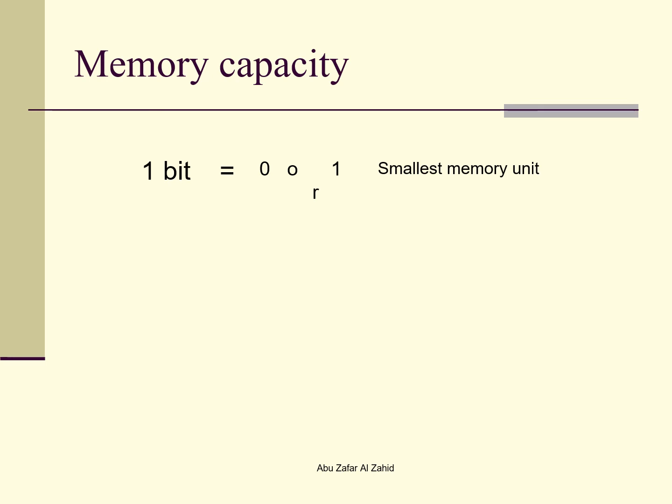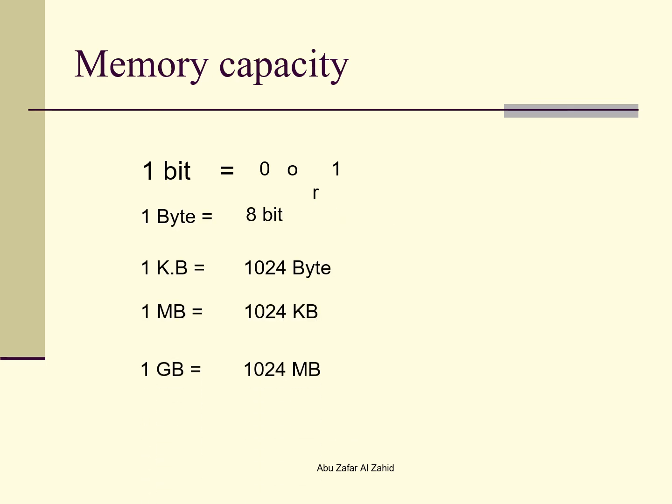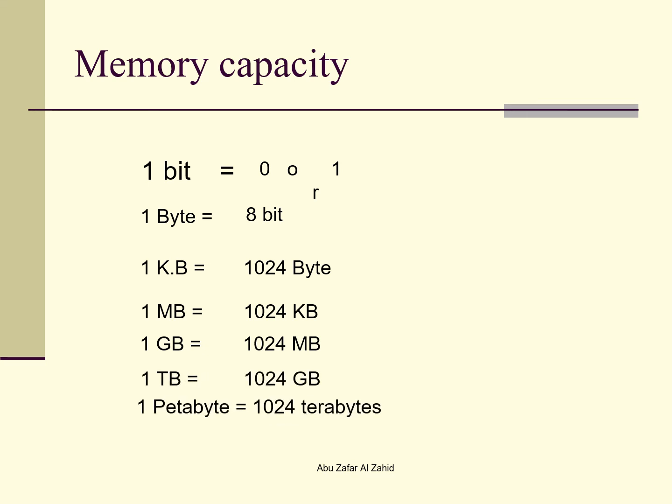Now I will discuss memory capacity: bit, byte, kilobyte, megabyte, gigabyte, terabyte, petabyte. One bit of memory means a 0 or a 1.